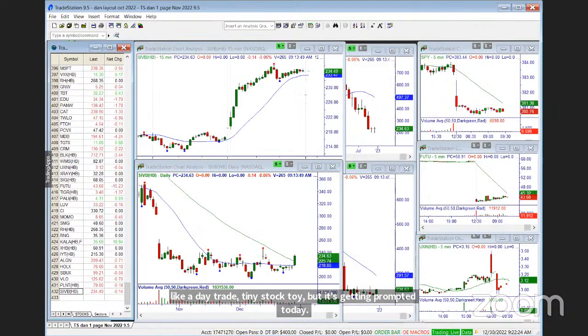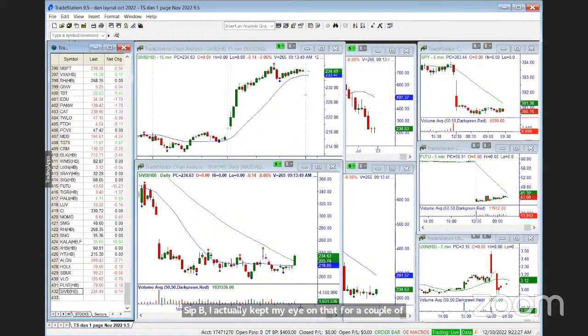Civ B. I've actually kept my eye on this for a couple of weeks now. And you know how I talk about a something bar? Yesterday was it. We had a breakdown failure. We had a higher high, 20 flattening out, and a decisive closing breakout.